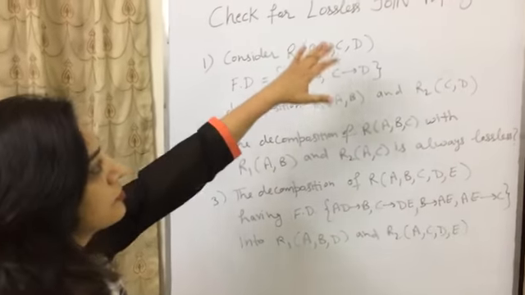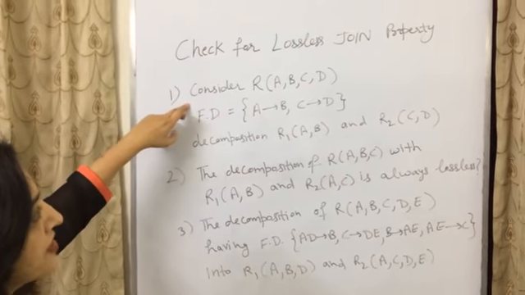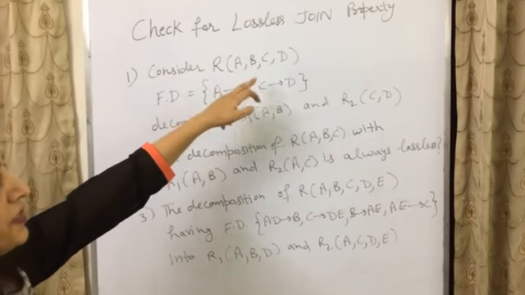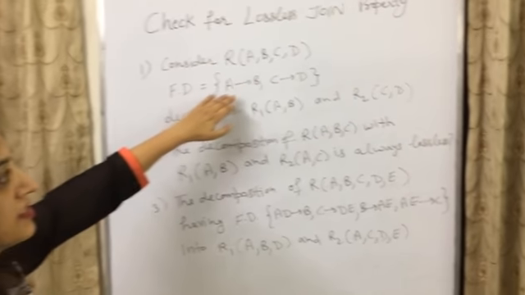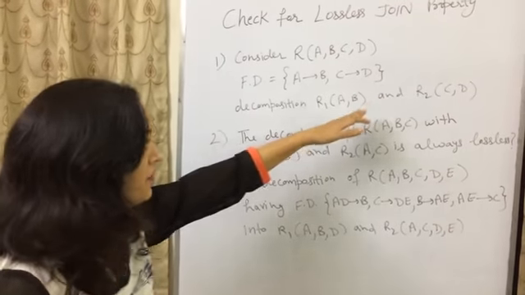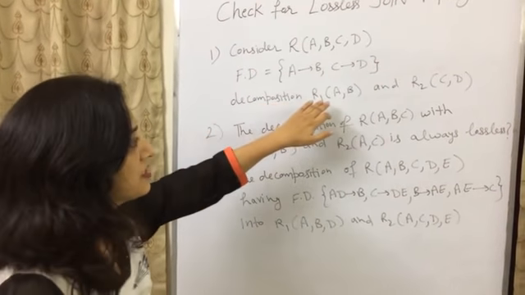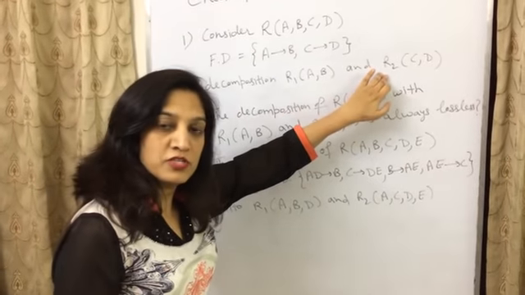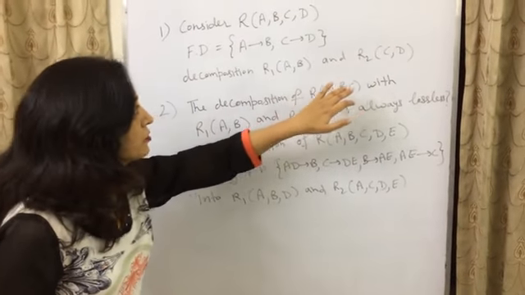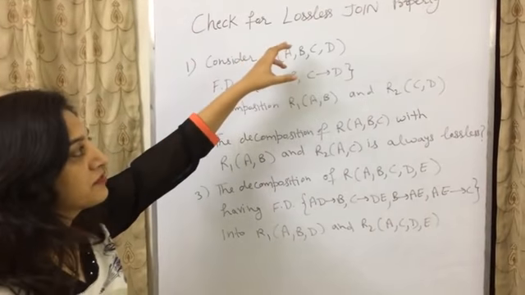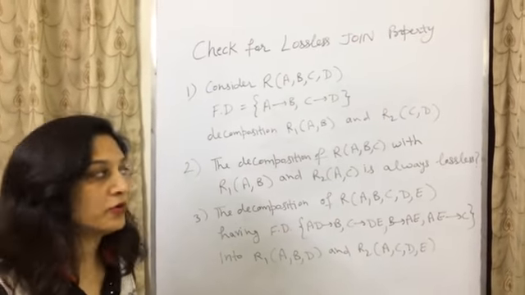Here we'll check for the lossless join property. First example, we have one relation R which has four attributes A, B, C, D. And functional dependencies are given: A uniquely determines B and C uniquely determines D. And the decomposition is R1 which has two attributes A and B, and R2 which has two attributes C and D. So now I have to tell whether this decomposition satisfies the lossless join property or not.